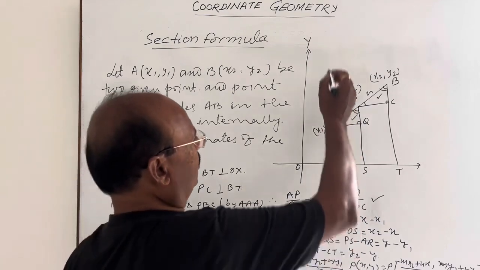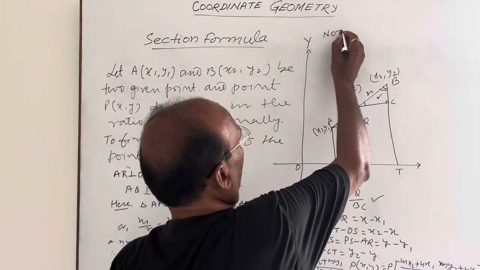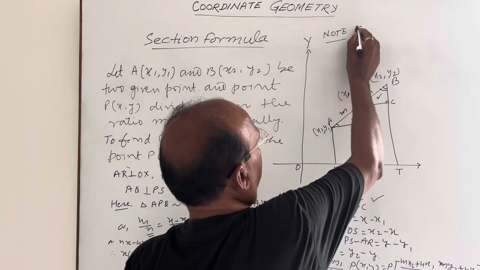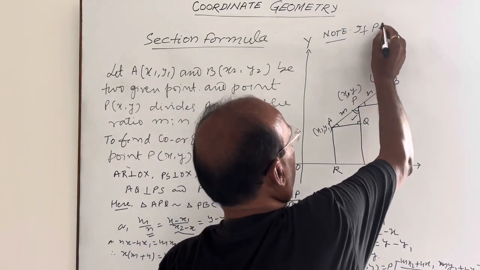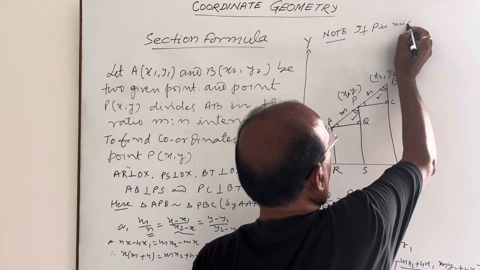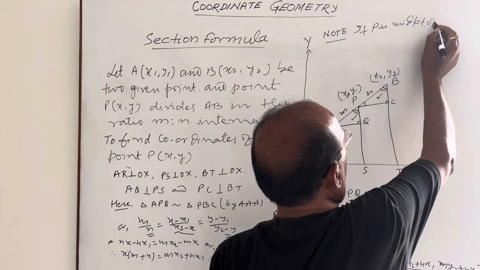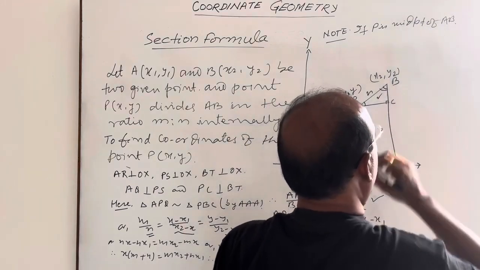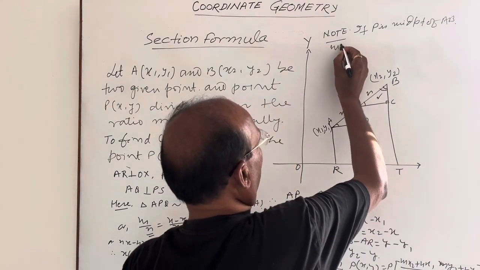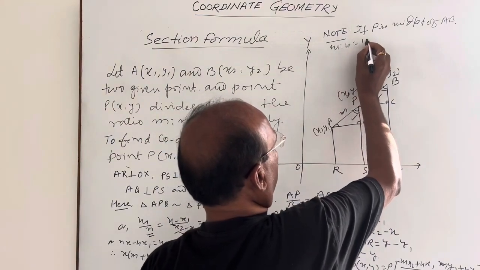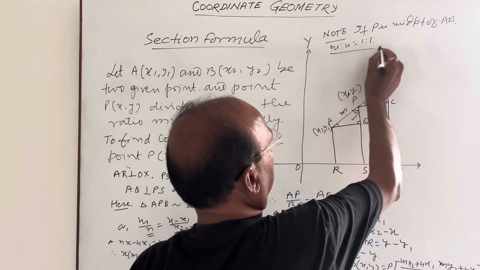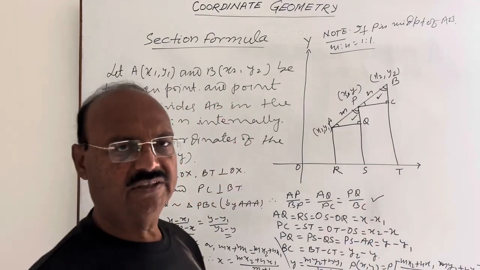Okay. Now let us see some special case. Note here. If P is the midpoint of AB, what does it mean? It means m is to n is equal to 1 is to 1. Correct?